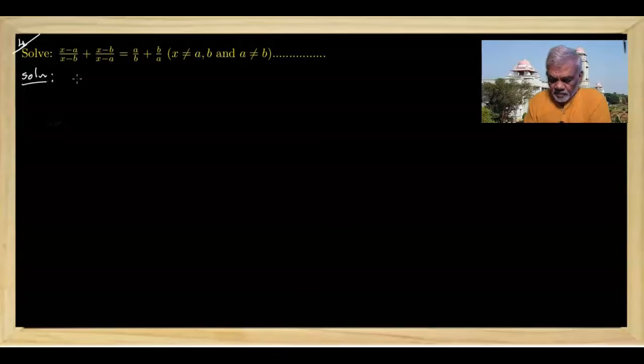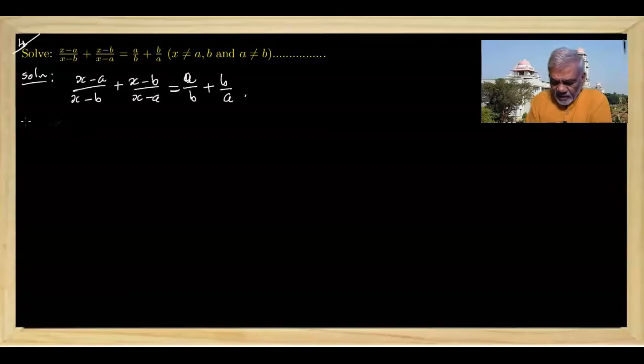Now consider (x minus a) divided by (x minus b) plus (x minus b) divided by (x minus a) is equal to a by b plus b by a.